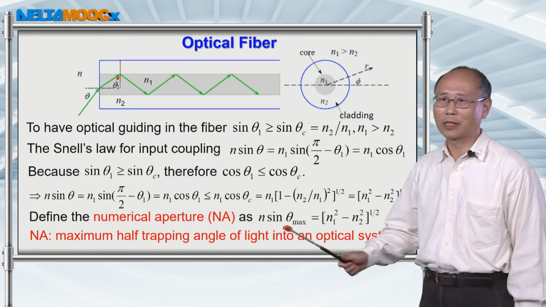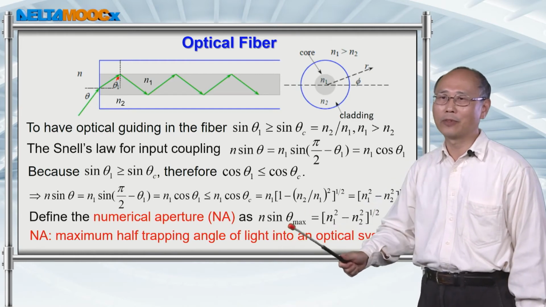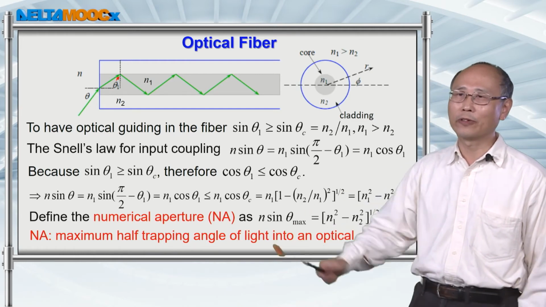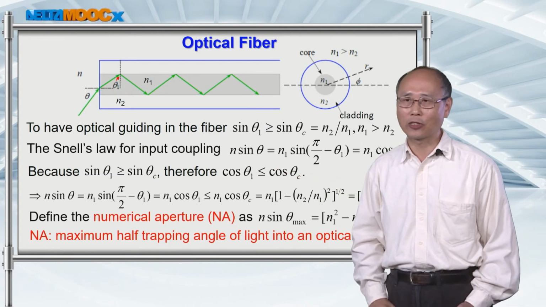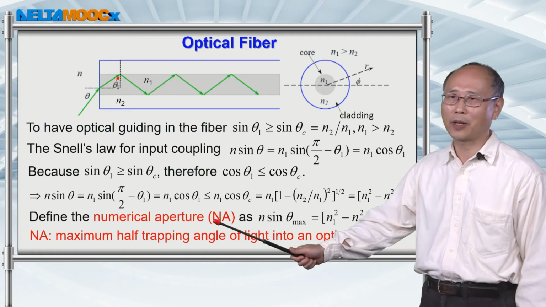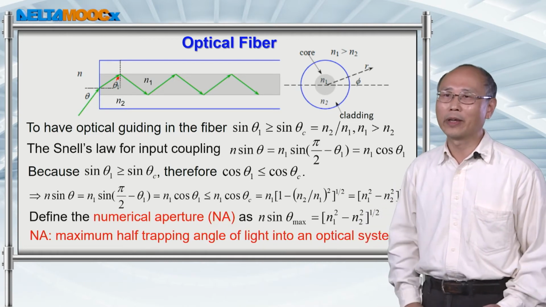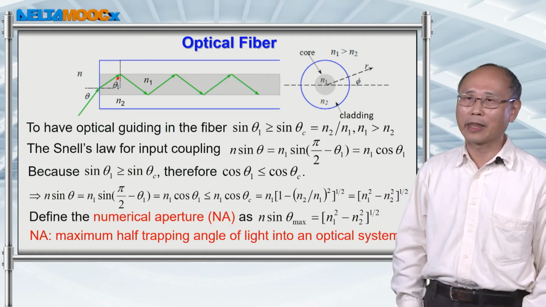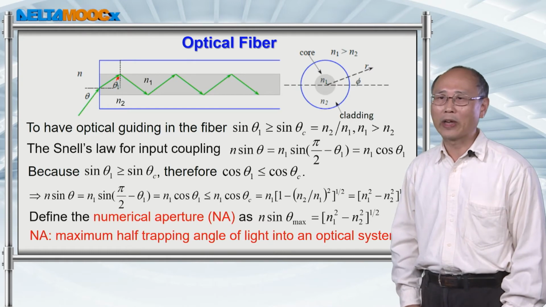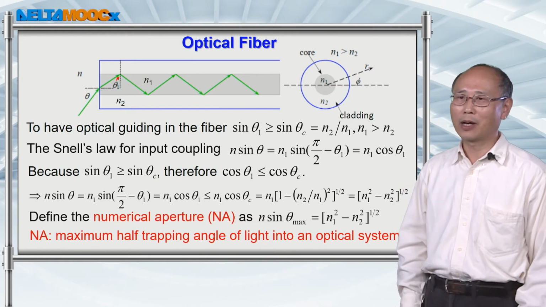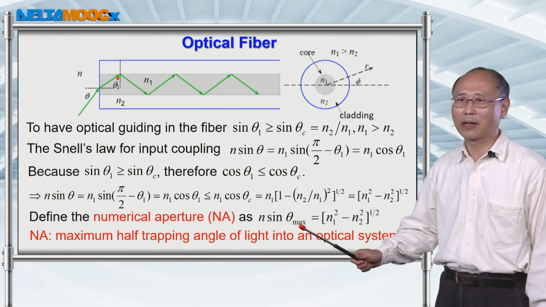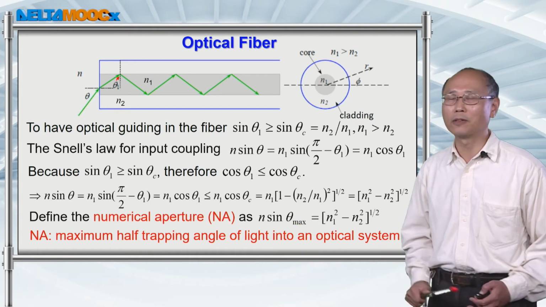And this is called the numerical aperture of this optical system, if we consider this optical fiber as an optical system. So this term is commonly seen when we talk about an optical system. All the wave has to be propagating into the system confined by some maximum angle.